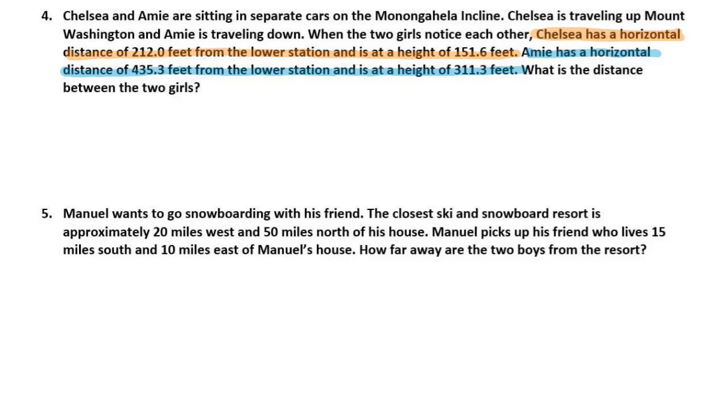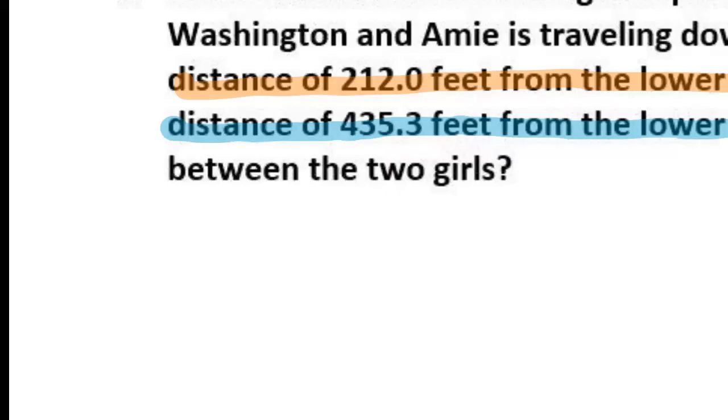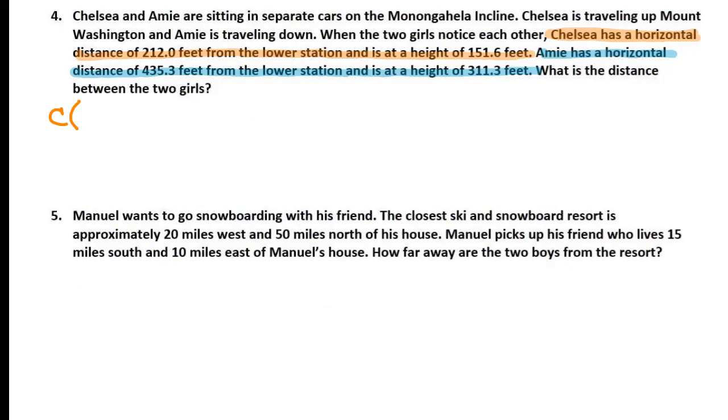All right, so somehow from this information, we have to get an X and a Y for Chelsea and an X and a Y for Amy so that we have ordered pairs that we can plug into our distance formula. So here's Chelsea. When we have an ordered pair, it's the X part first and then the Y part.